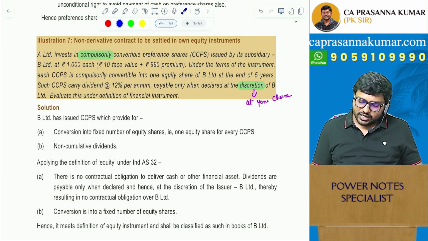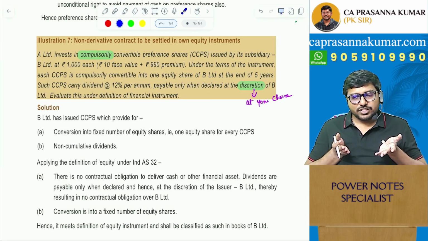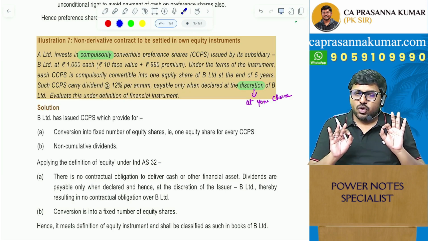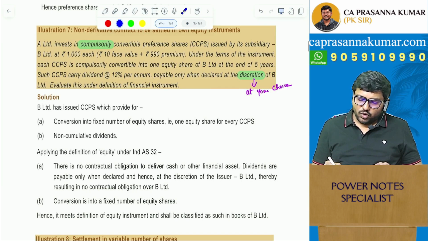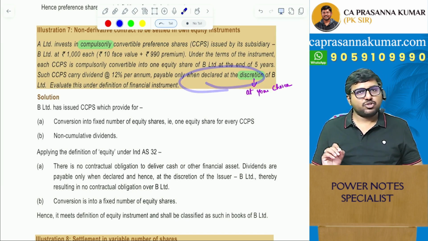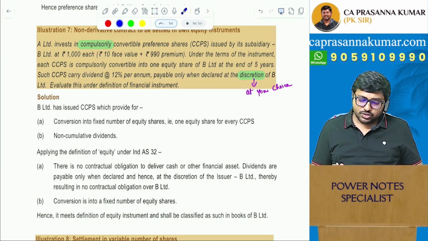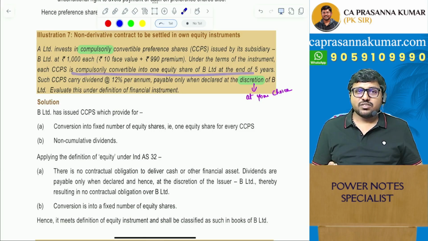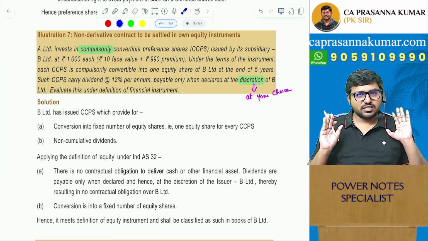Next, when it comes to dividend, is it mandatory or at discretion? It is at the discretion, which means, is there any obligation? No obligation. So there is no obligation when it comes to dividend, automatically it satisfies the equity instrument definition. Also, the conversion is with respect to a fixed number of equity shares. Here also the fixed to fixed test is getting satisfied.